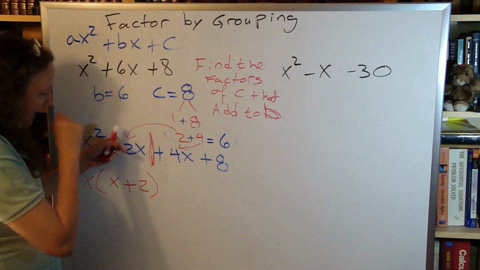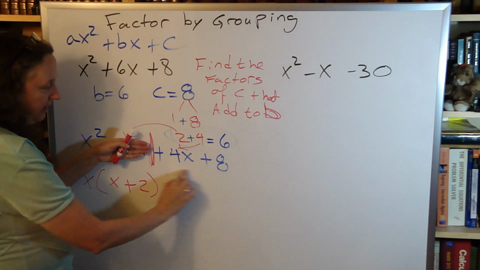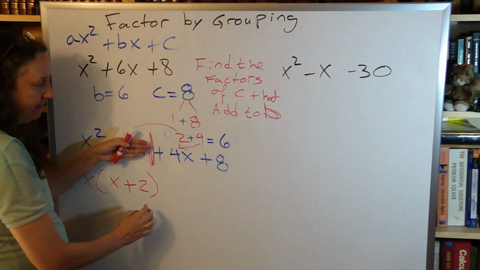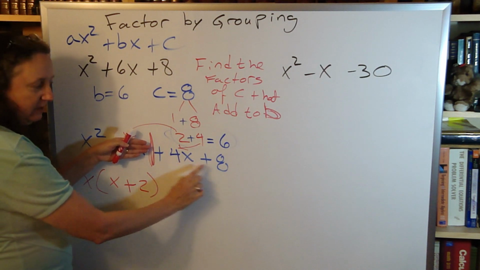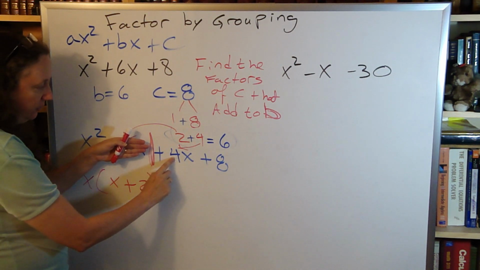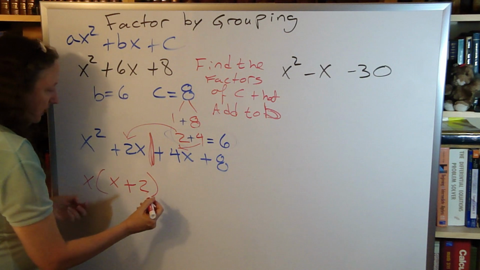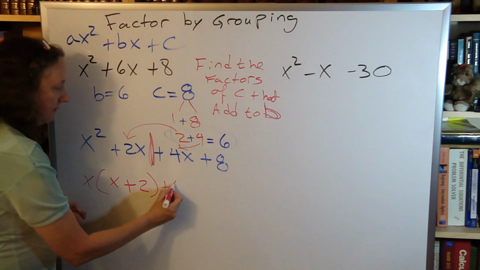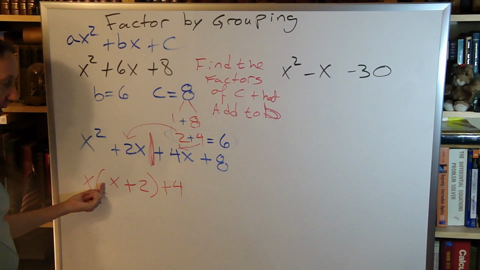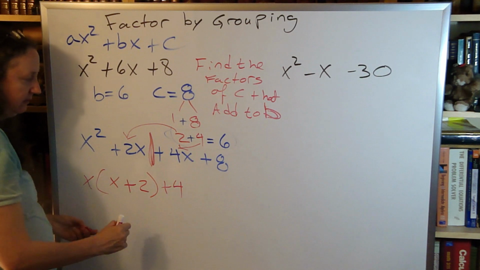Looking at my last 2 terms, ignoring everything that I have here, just looking at that, I can factor a 4 out, because both 4 and 8 can be divided by 4. That has an x, that doesn't have an x, so I cannot factor out an x, so it's just going to be the 4. I want a positive 4, because I want the term inside to be positive, so I have positive divide positive is positive.